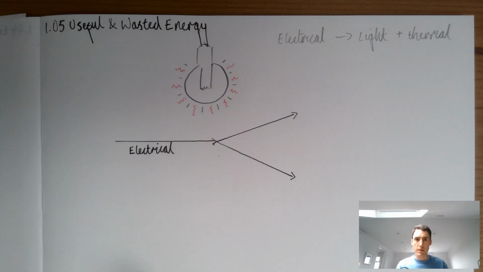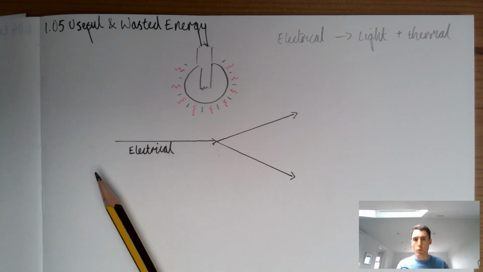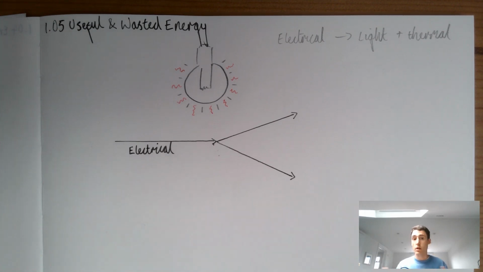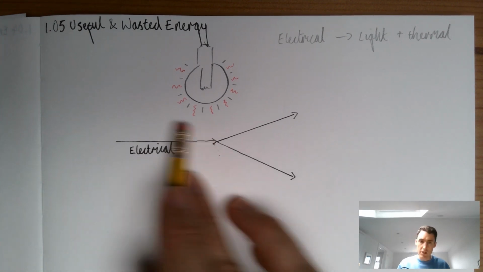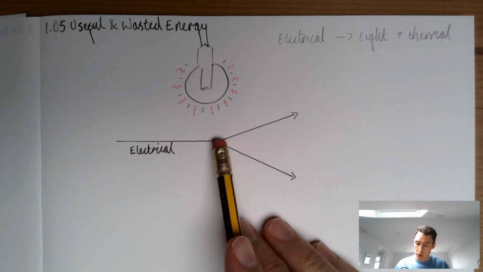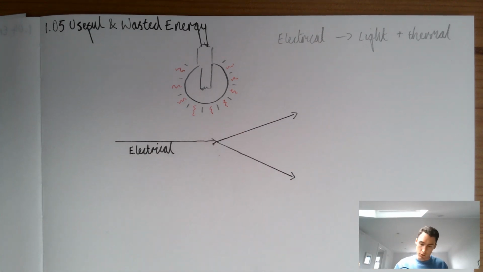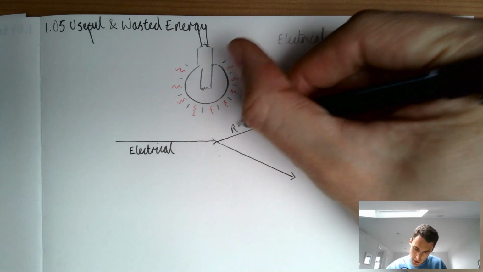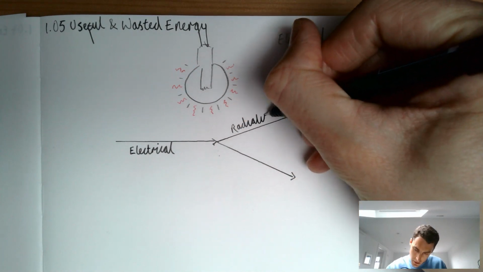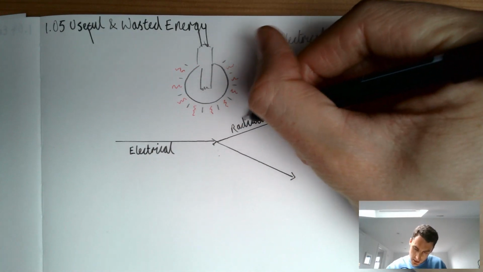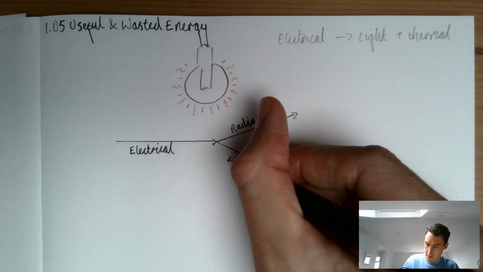If we are going to be pernickety though about the way that the new spec is talking about it, when we're talking about useful and wasted energy, we are talking about transfers. So this is the energy that's transferred in. There is a useful transfer out, which is radiation. And there is a wasted transfer out, which is heating.